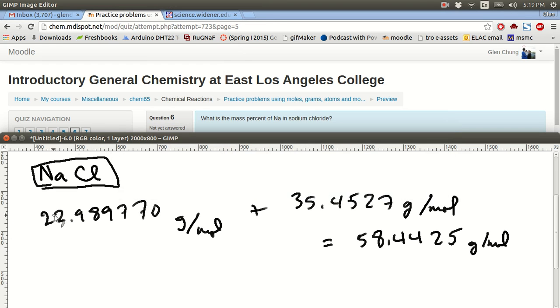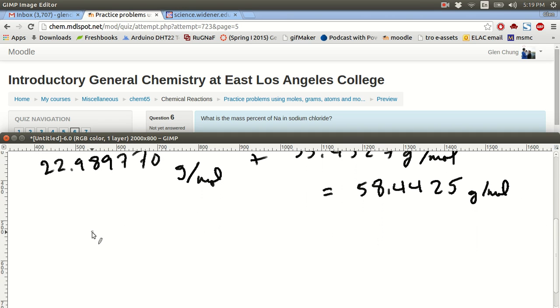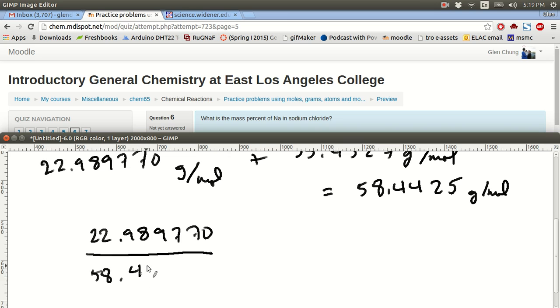So the sodium was 22.989770. So that means for the mass percent, I'm interested in the 22.989770 over the total mass, 58.4425.